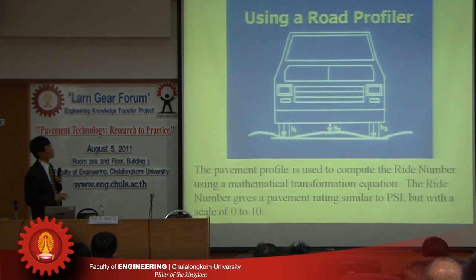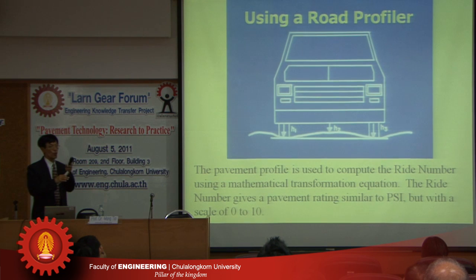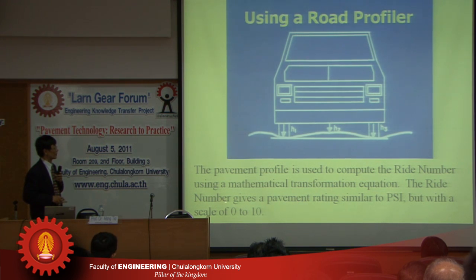So it measures these 3 distances, and as it drives over, you have a recording of the longitudinal profile. And the longitudinal profile is then used to compute the ride number, using a mathematical transformation equation, and it gives a rating similar to the PSI with a scale of 0 to 10.